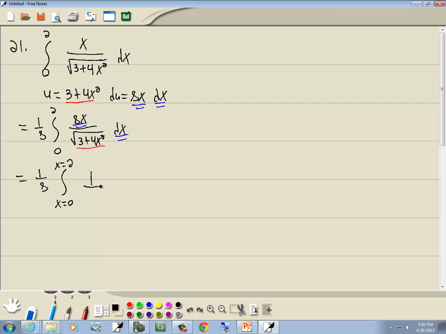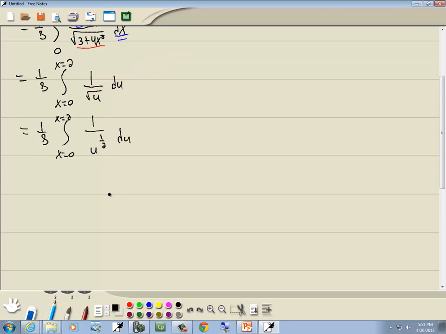And we'll have 1 over the square root of u du, which gives us 1/8 from x equals 0 to x equals 2 of 1 over u to the 1/2 du. We'll take the u to the 1/2 up on top, so this becomes u to the negative 1/2 du.